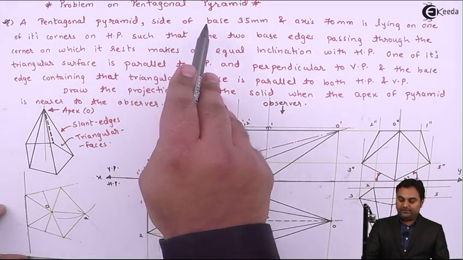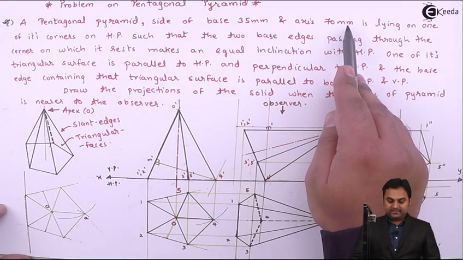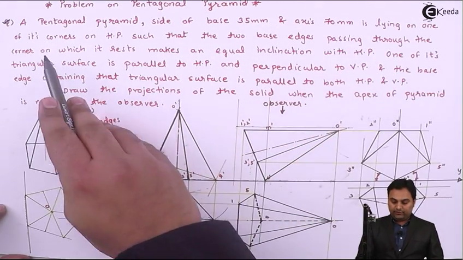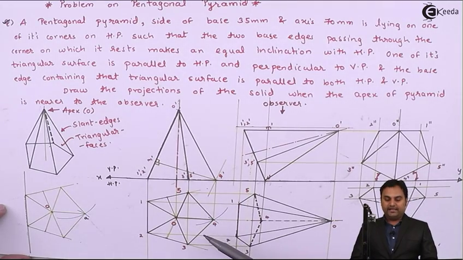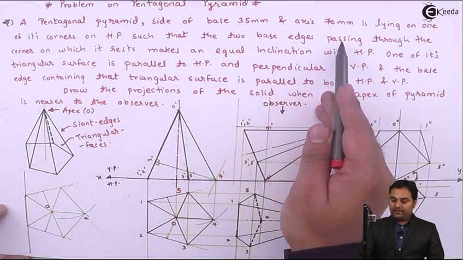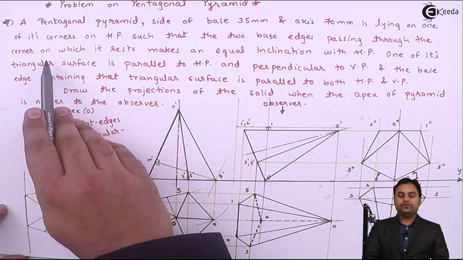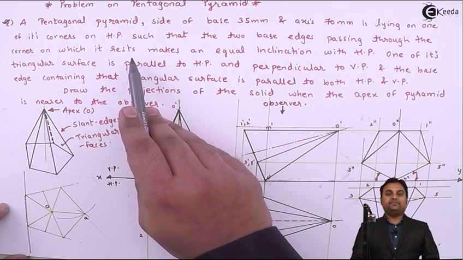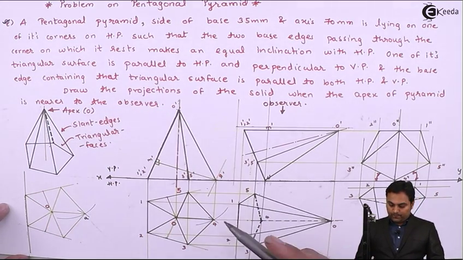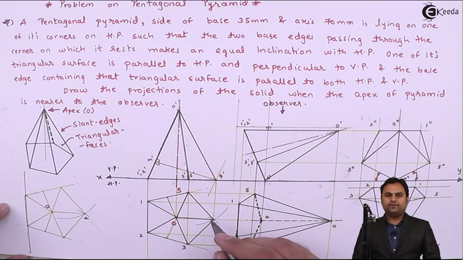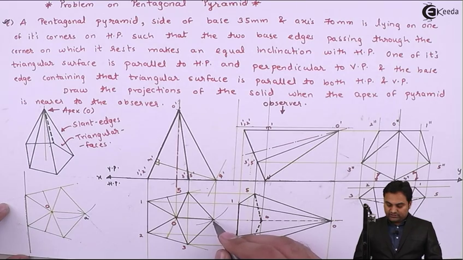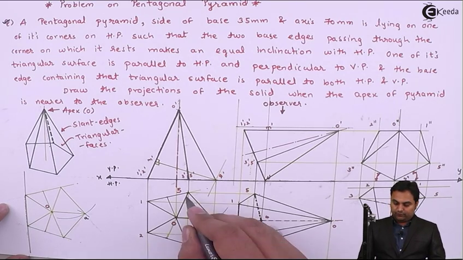A pentagonal pyramid side of base 35 mm and axis 70 mm is lying on one of its corners on HP such that the two base edges passing through the corner on which it rests make an equal inclination with HP. So it is this corner on which the pentagonal pyramid is resting, and through this there are two edges 3 to 4 and 4 to 5.